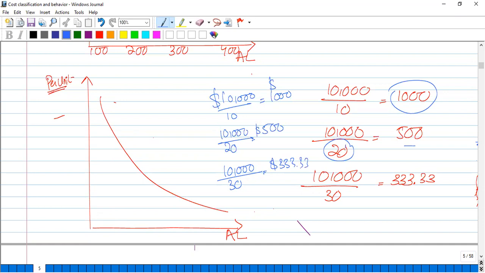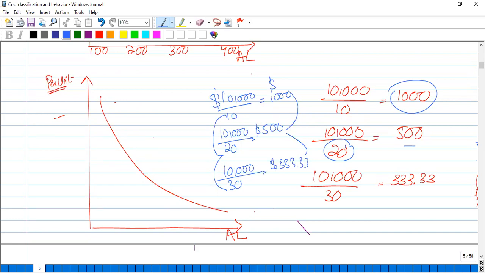So look here, when the number of friends increases from 10 to 20, 20 to 30, the per head cost decreases from 1,000 to 500, 500 to 333. That's why the fixed cost per unit graph decreases when the level of activity increases. I hope you understand this graph with the help of this example.